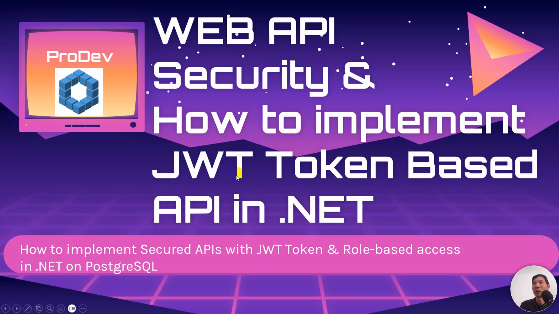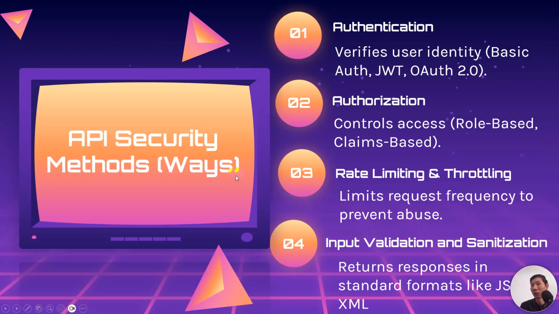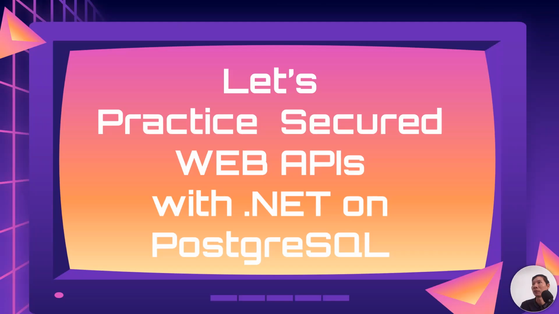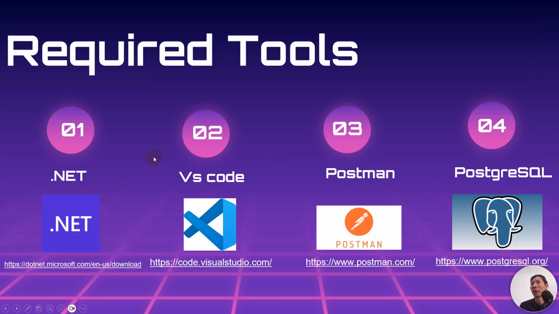So today we will implement this. What is that? Yes, the secure web API, with JWT tokens and role based access. So here is what is required to implement, and you can follow and do it the same way in this video.